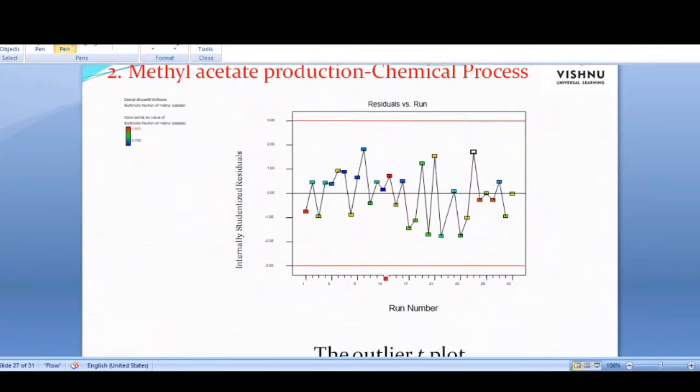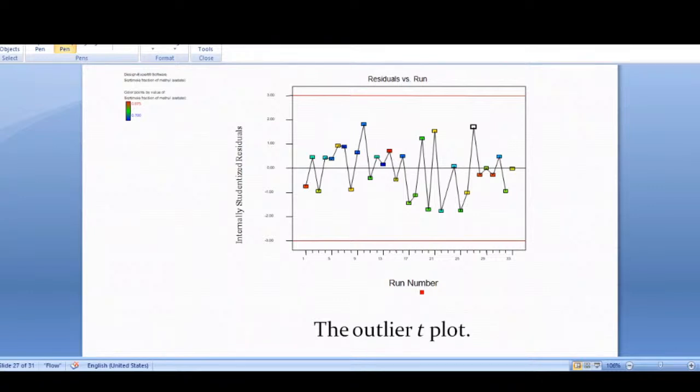This is another graph, the outlier T plot. If the values lie between plus or minus 3, then the model is very good. These are the residual runs versus the number of experiments. I have done around 34 experiments.